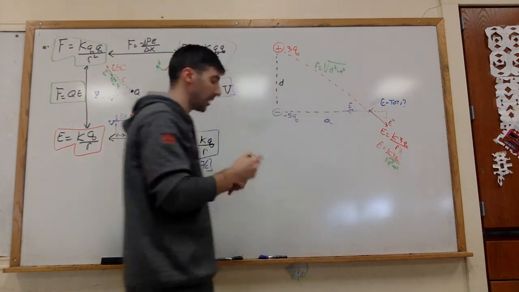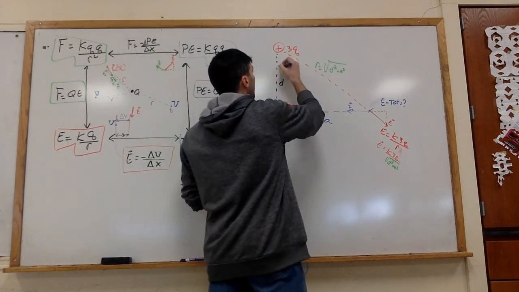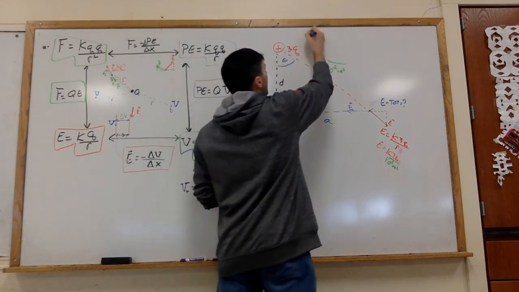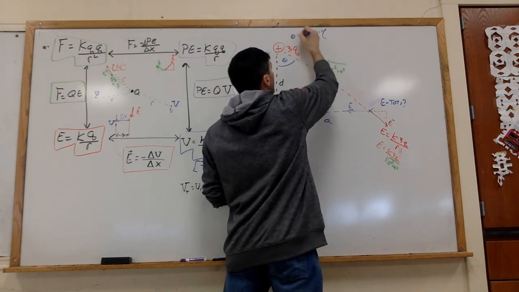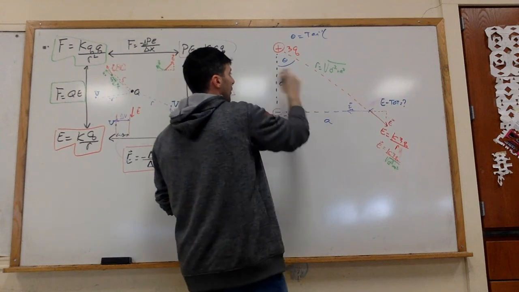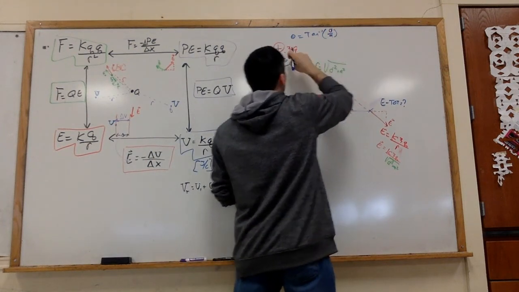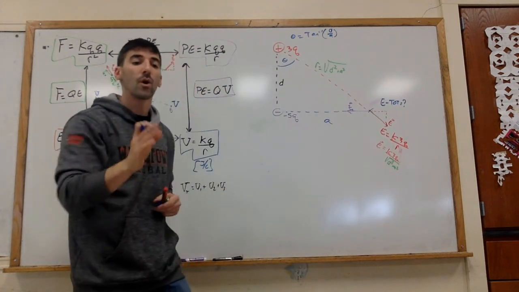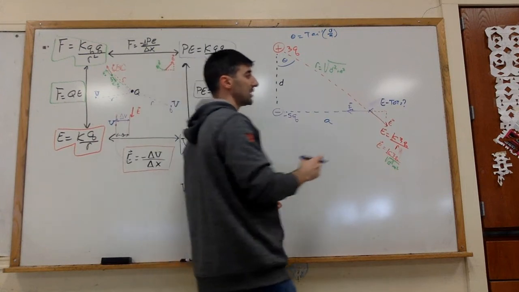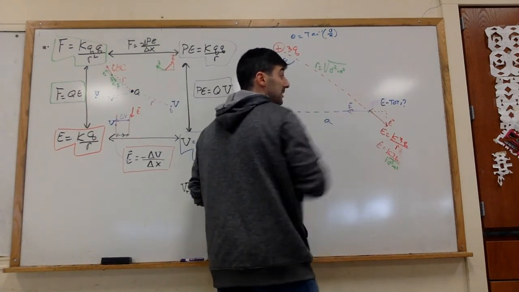Now once I have that number, I can use a little bit of trig. I know this angle, say theta, the inverse tan of theta is equal to d over a. So that can get me that angle, which is also a similar triangle, the same thing as that angle. Once I have that in my vector notation, I can add my x component to my x component, or in this case, that would be subtracting.